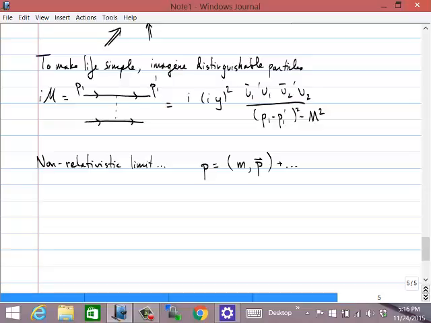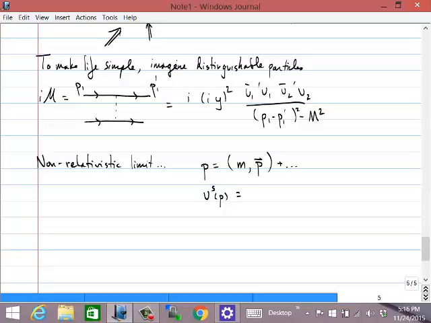Similarly, in the non-relativistic limit, that means that you're essentially working in the rest frame of these spinors. And in the rest frame, we derived an expression for these spinors.